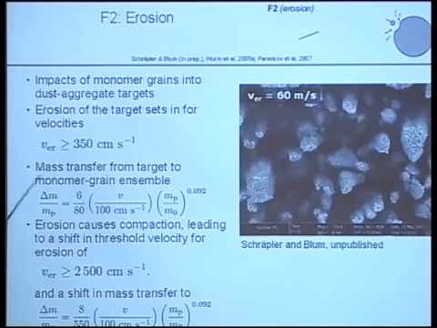And the mass transfer, that is the number of individual particles a projectile can knock out on top of its own mass, is usually quite big, a few, so 5 to 10.